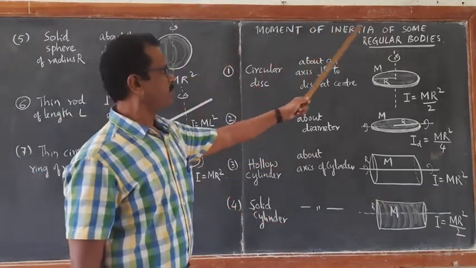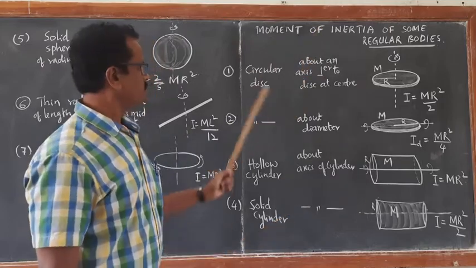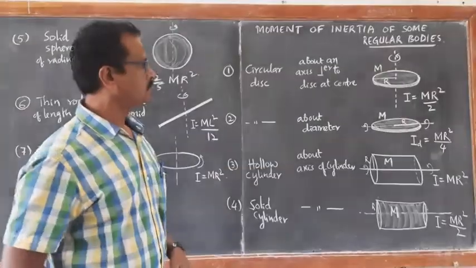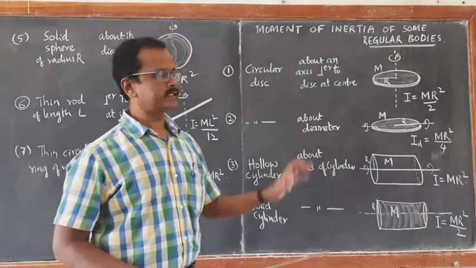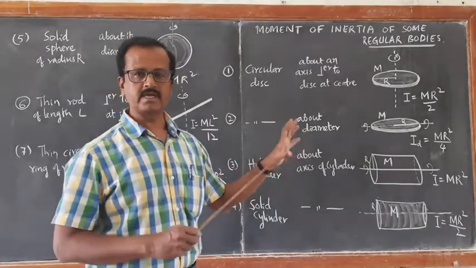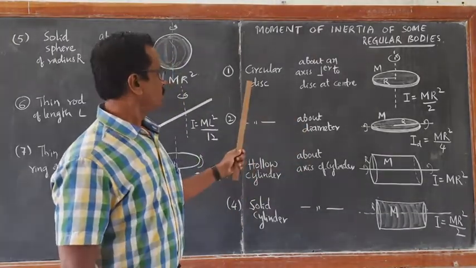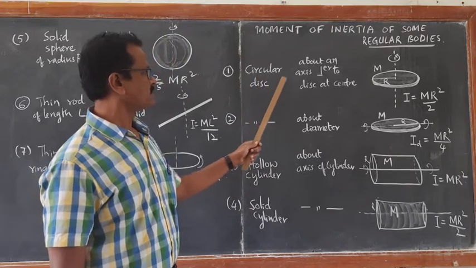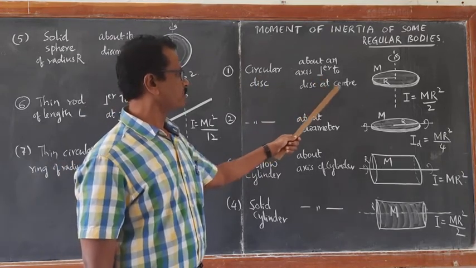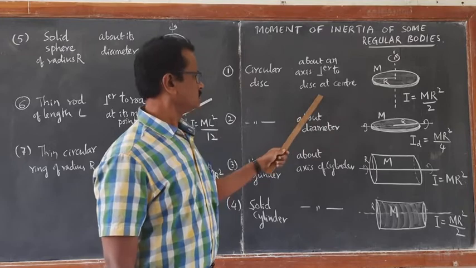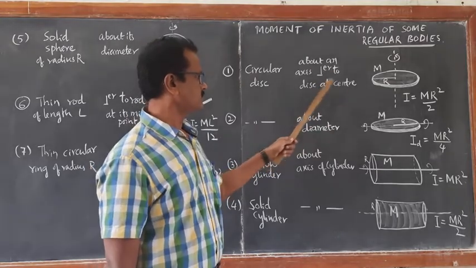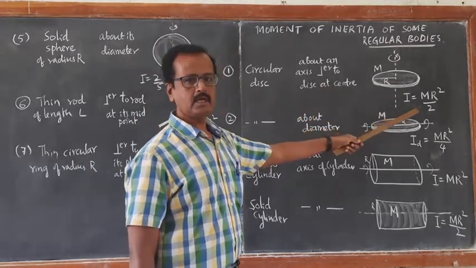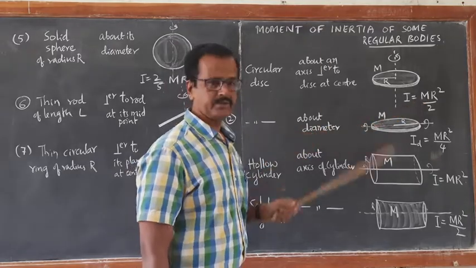The moment of inertia of some regular bodies we are going to discuss one by one. We are not going to calculate, we are taking these standard values directly. Moment of inertia of a circular disc about an axis perpendicular to the disc at its center is mr square by 2.